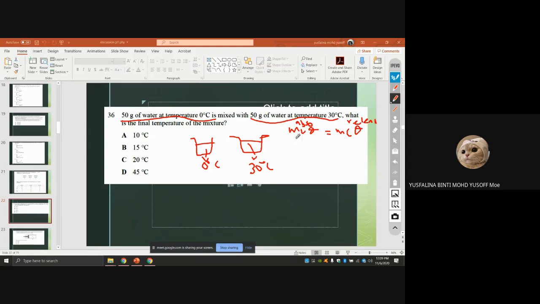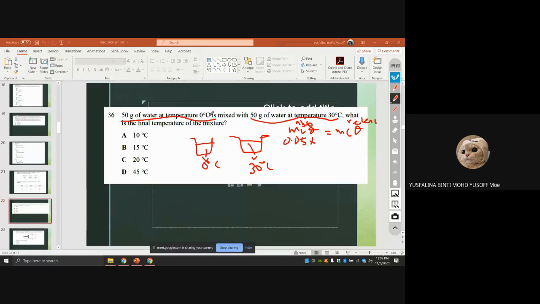The absorbed one is this one, so use the mass: 50 divided by 1000, you get 0.05. And C, we can ignore the value of C, because C will cancel on both sides, so just cut it off. Theta is 0 degrees Celsius initially.